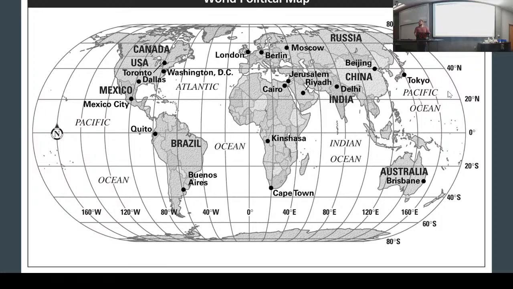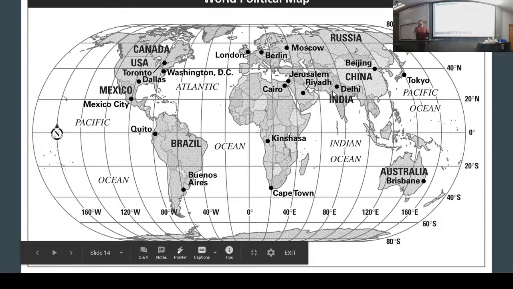First let's get the latitude. If we go over here, we know that Delhi is between 20 and 40, almost exactly. So probably a good estimate of the latitude that Delhi is at is around 30 degrees north. And then when we want the longitude, we know that it's almost right up against the 80 degrees east.